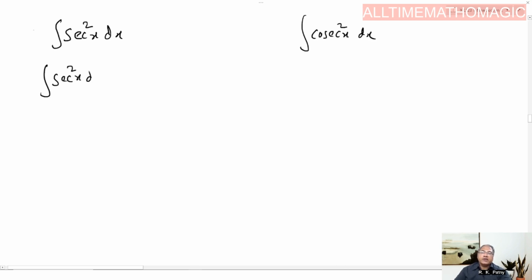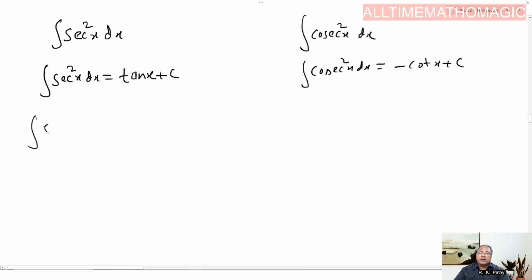Now let us do the integration of sec square x with respect to x and integration of cosec square x with respect to x. For sec square and cosec square, a direct formula is available. Integration of sec square x with respect to x is tan x plus c, and integration of cosec square x with respect to x is minus cot x plus c.